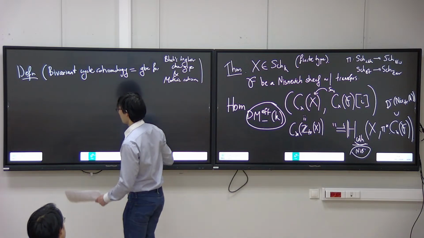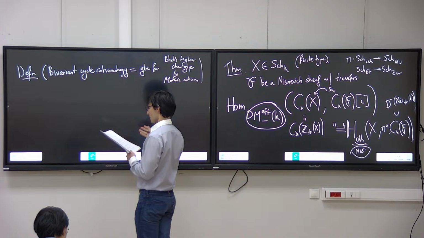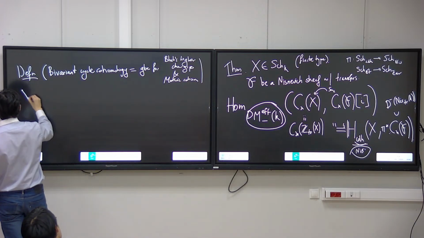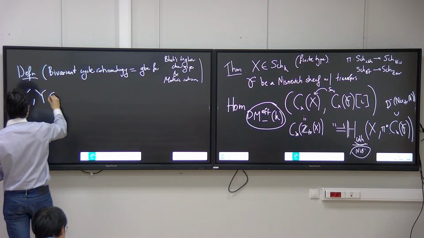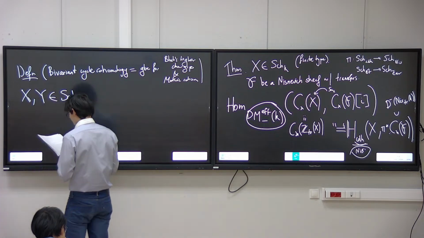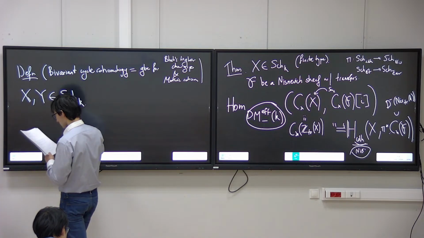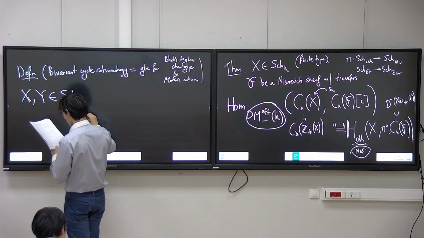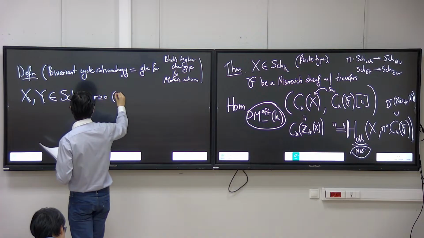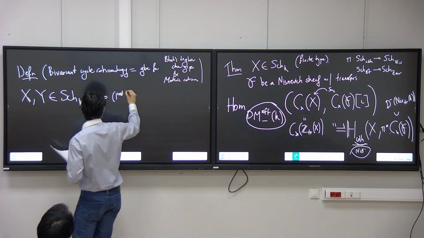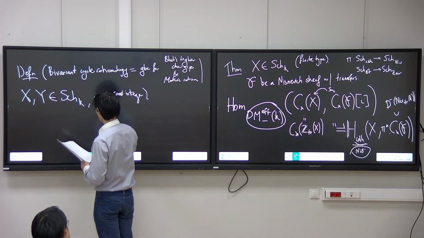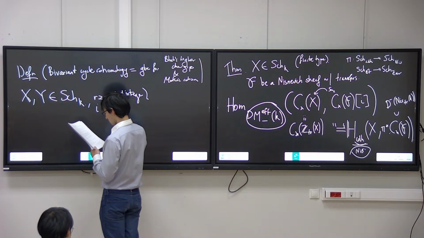But I agree that when I write down the definition, it may seem a bit of a mouthful in some sense. So here, X, Y are schemes of finite type. And for the definition of bivariant cycle cohomology, I also need r a positive integer, and i any integer, I guess.